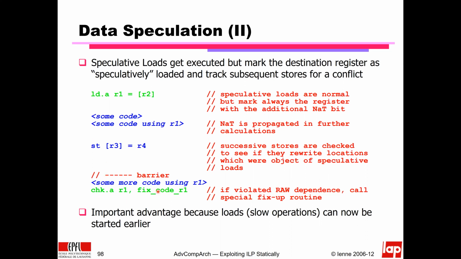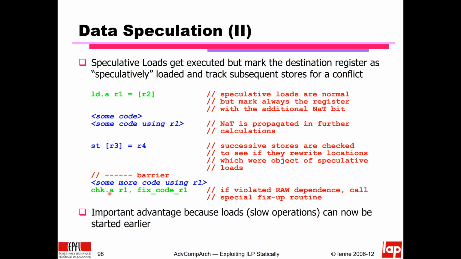Then I come back from the fix-up code that is somewhere else, I come back here, and I continue. If the check doesn't fail, it means that there was no collision, everything is fine. If the check tells me collision, I do this fix-up that I just described by essentially redoing everything that was wrong.